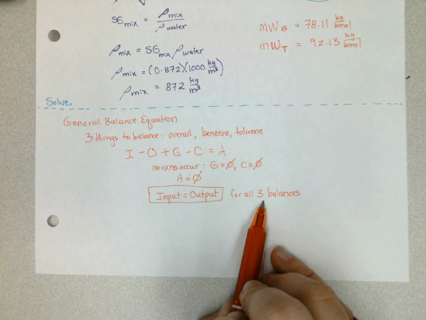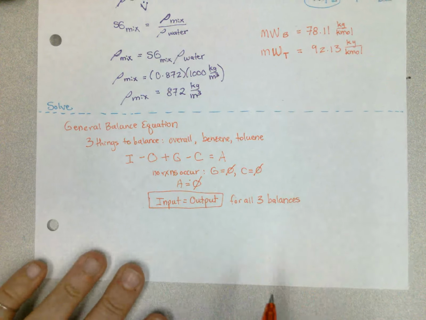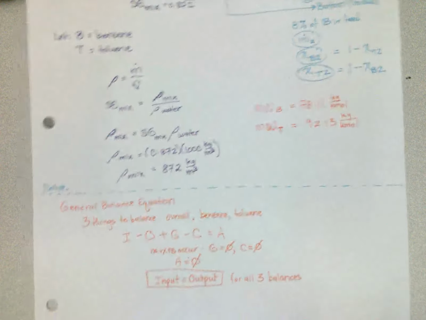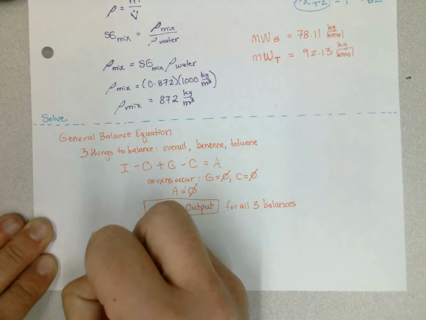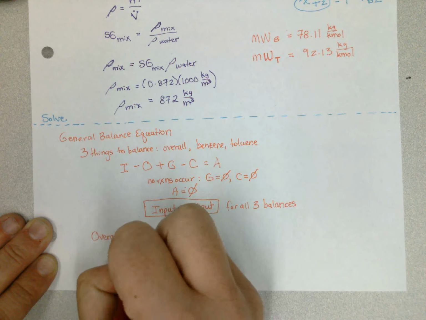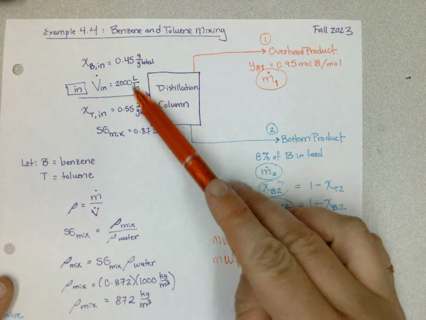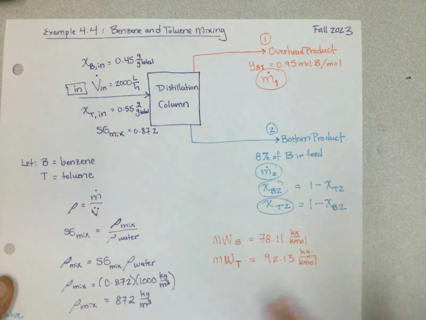All right. So probably the easiest balance to do at the start is maybe an overall balance. Let's try an overall balance first. So an overall balance is going to say input equals output. So what's the input here in terms of mass? Well, it would be M1 in.